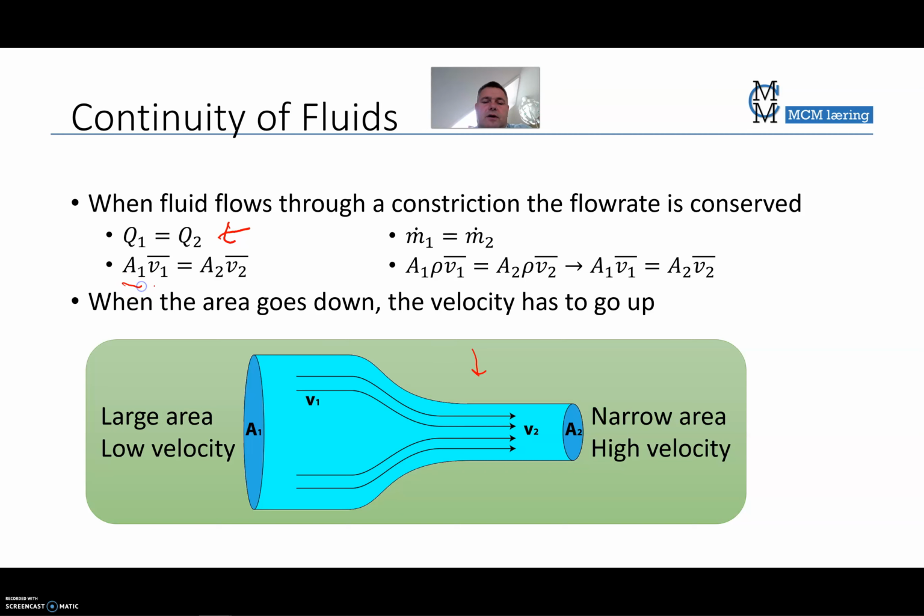So the area multiplied by the velocity equals the area multiplied by the velocity on the other side, and the same goes with mass flow. Therefore, if the area goes down like here, the velocity must go up. So the flow velocity is faster in this section, while the flow velocity is slower in this section.